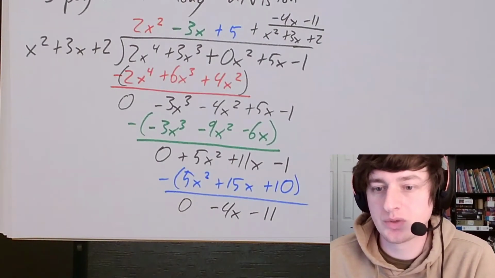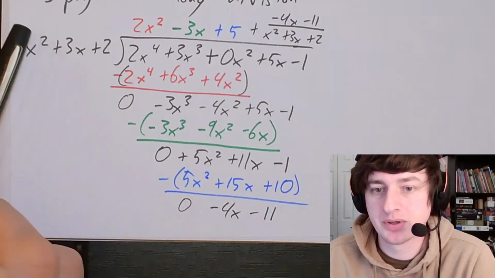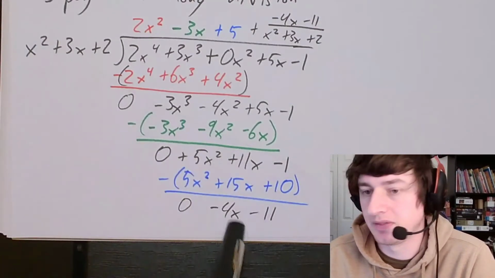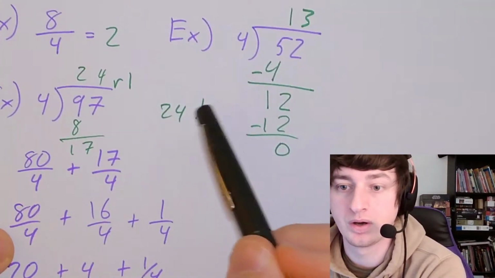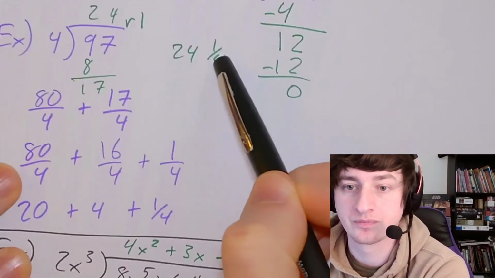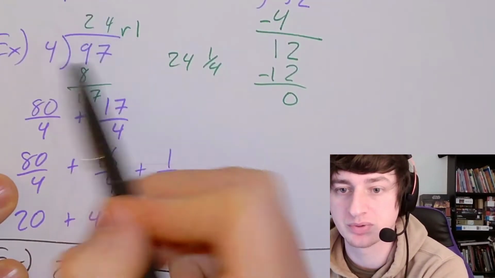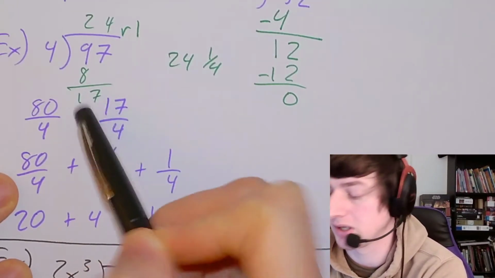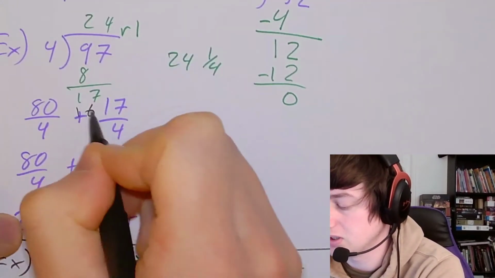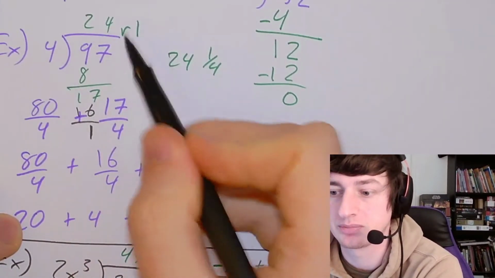So the reason that we stopped here is because now this number is bigger than this. It's the same reason we stopped at the 1/4 here, right? So when we're doing our remainder for this problem, 4 into 97, we get to 17, we say, okay, 16, that leaves us with the 1. 1 is smaller than 4, so that's my remainder term.